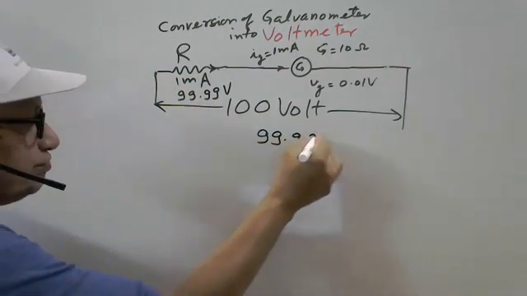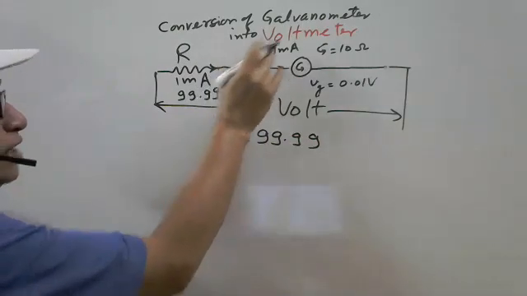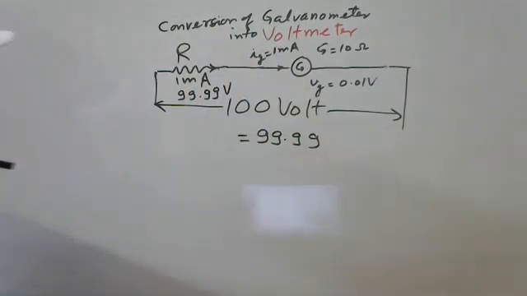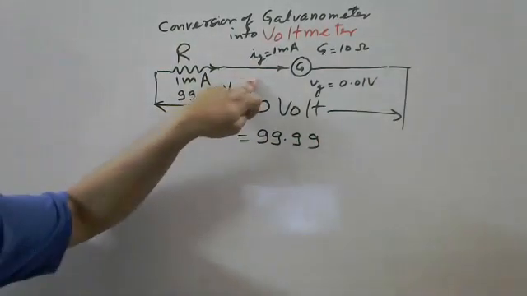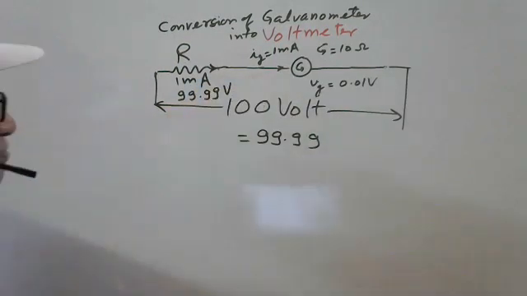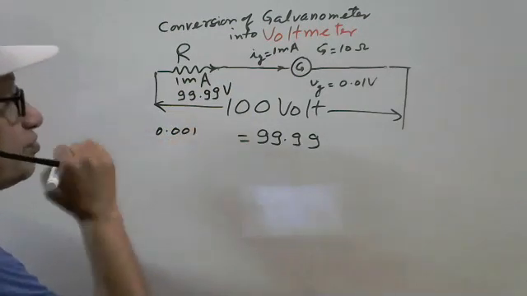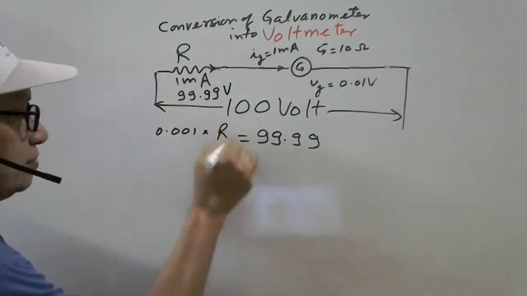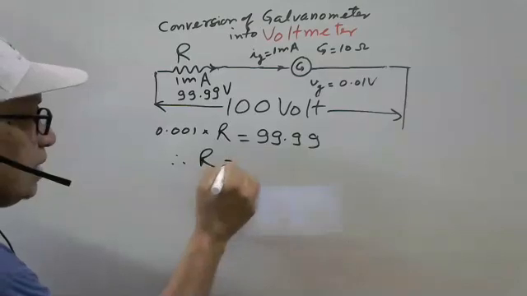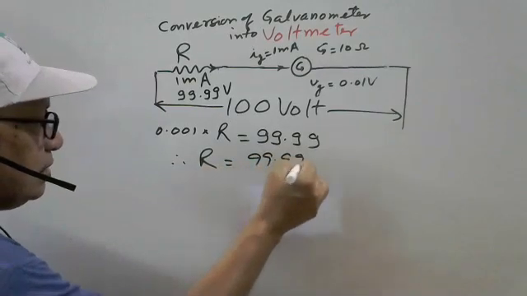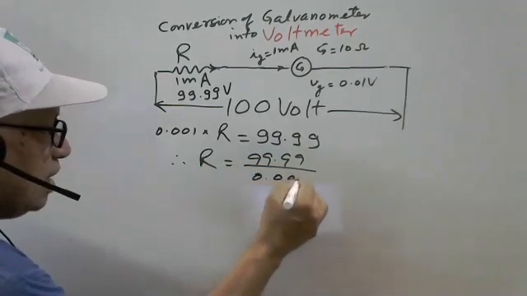In series combination the current remains the same, Ig. So Ig means 0.001 multiplied by R. It means we can calculate R easily: 99.99 divided by 0.001.